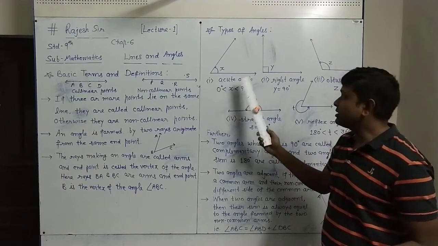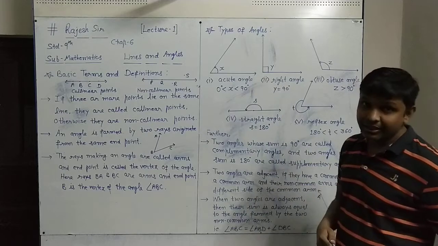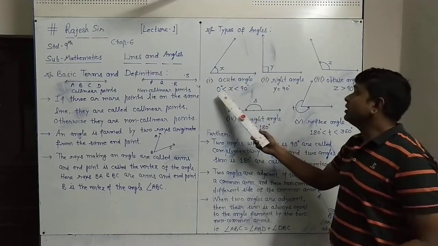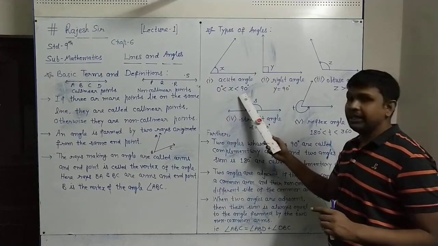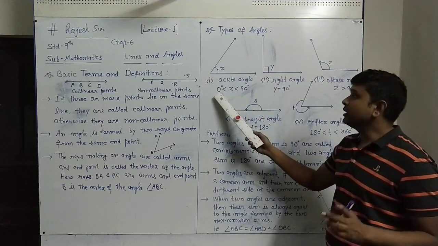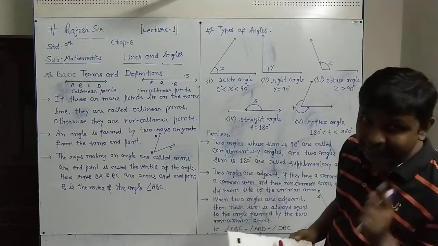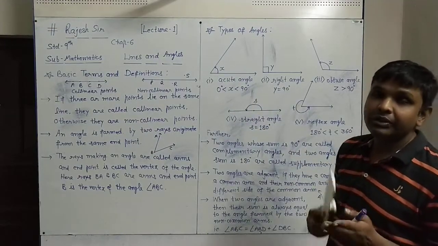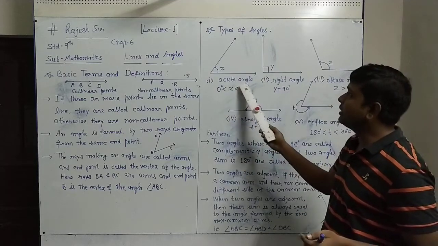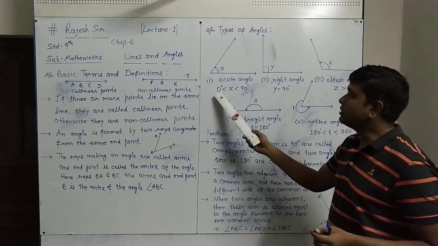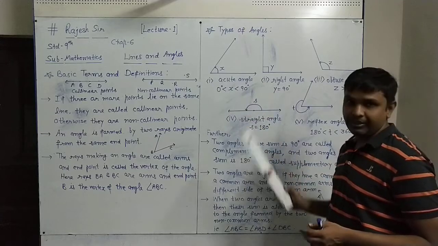What is the relation when you can say the angle is an acute angle? If its measurement is between 0 and 90, meaning the angle is greater than 0 but less than 90 degrees, it is called an acute angle. In short, we write 0 degrees less than x less than 90.